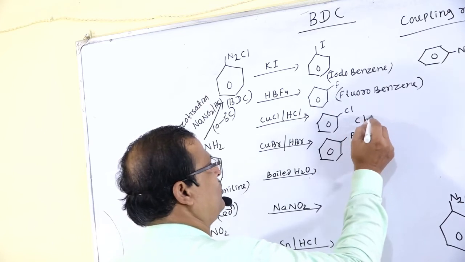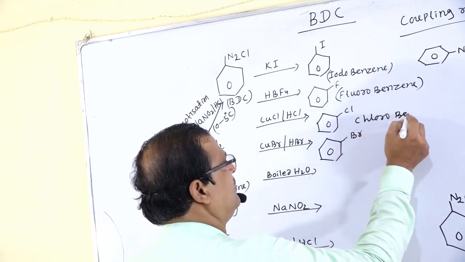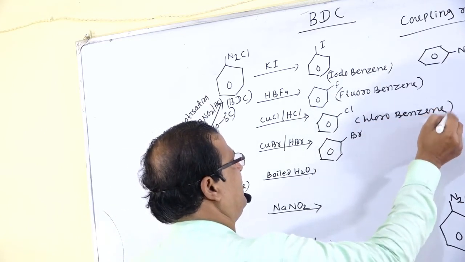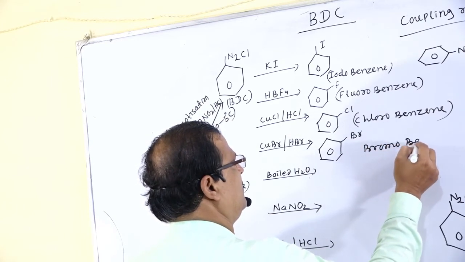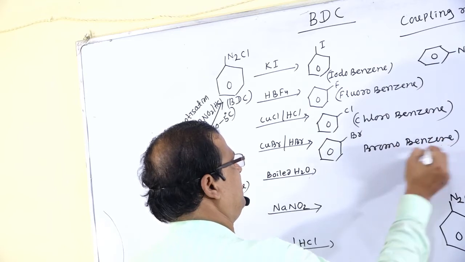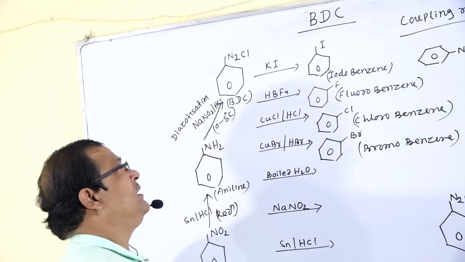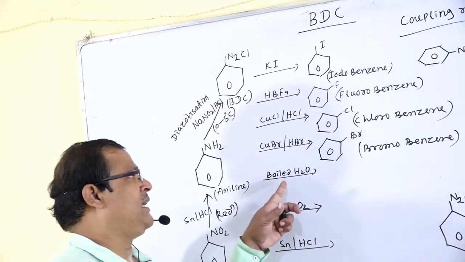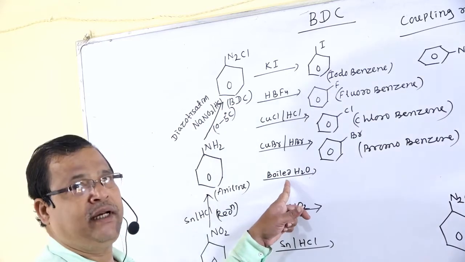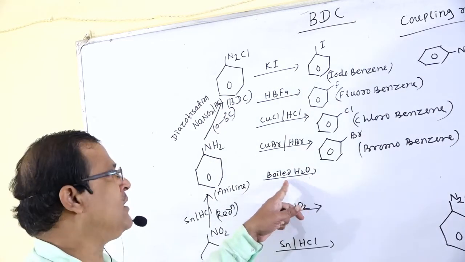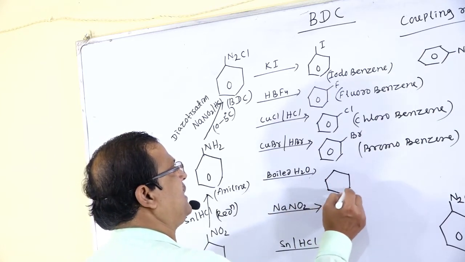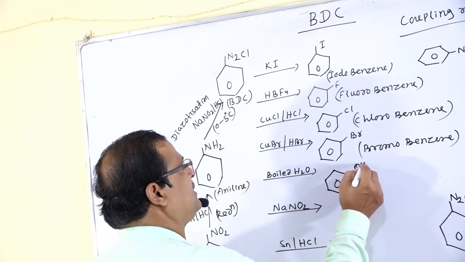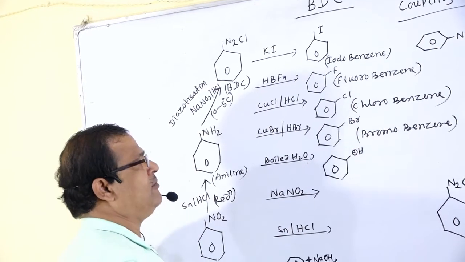This is chlorobenzene, this is bromobenzene. Next, BDC treated with boiled water forms phenol, benzene attached with OH.